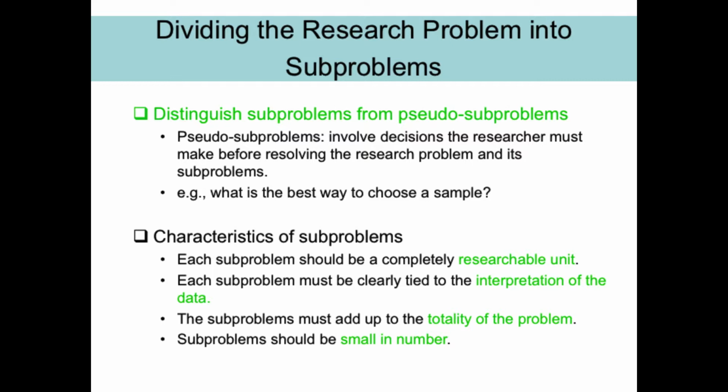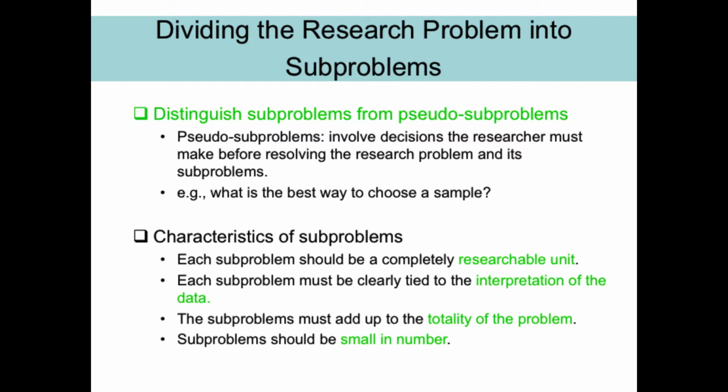Thus, the actual subproblems, each of them needs to be a completely researchable unit. Each subproblem is, in a real sense, a piece of research, so it's a part of the whole. Each subproblem should clearly be tied to the interpretation of the data, and the subproblems must add up altogether to the addressing of the overall research problem that you've identified.